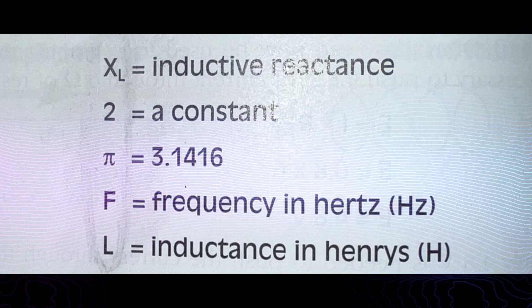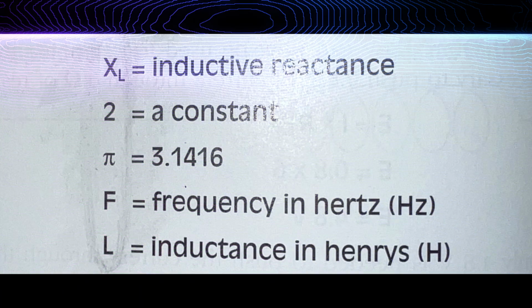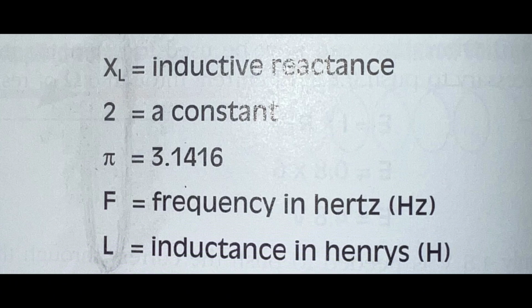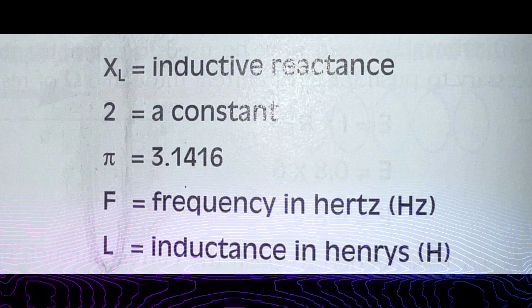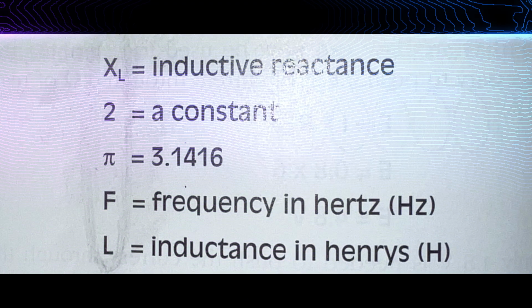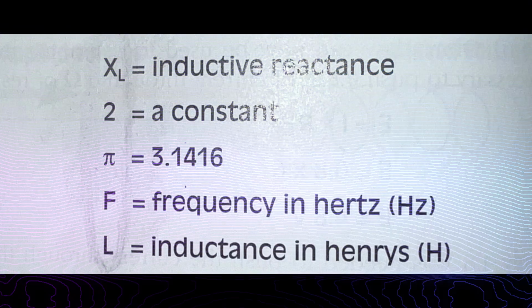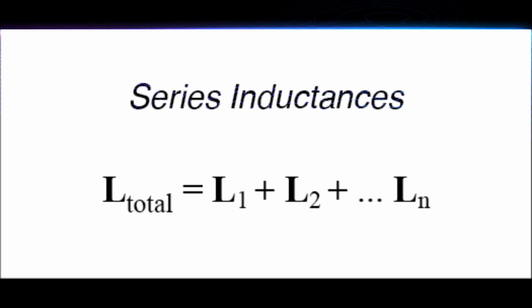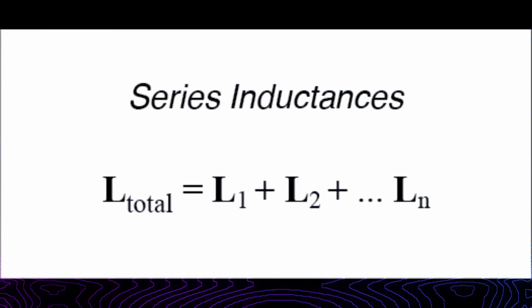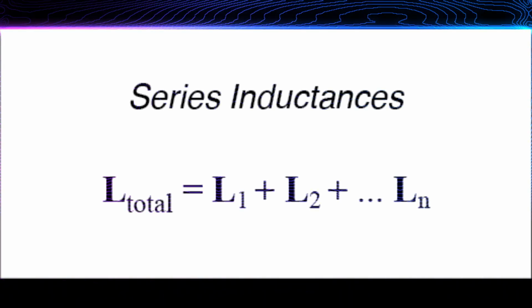An inductor constructed with a large wire will have less wire resistance and therefore a higher Q. Q can be calculated by the equation Q equals XL over R.